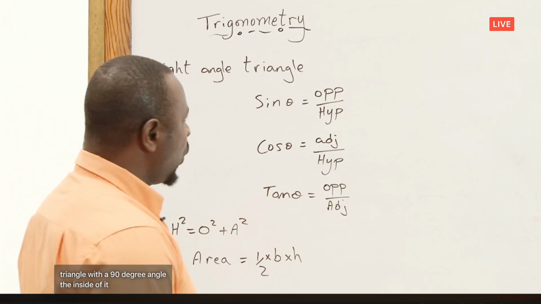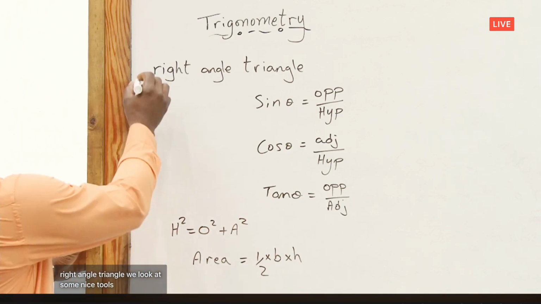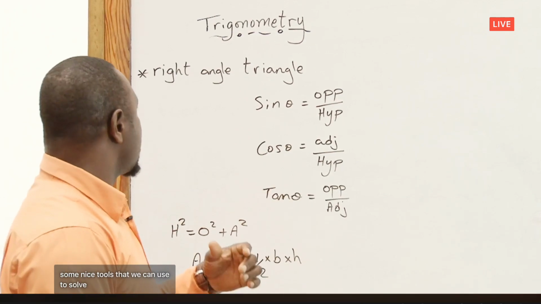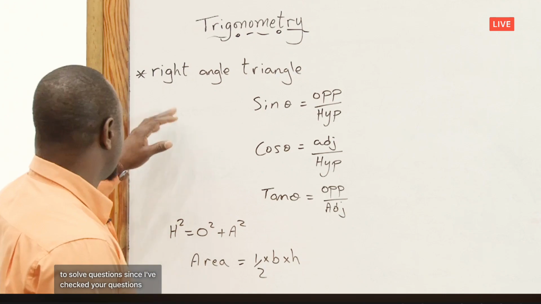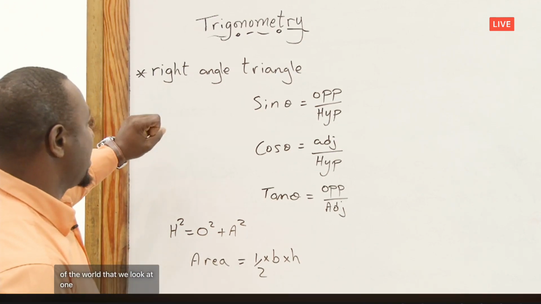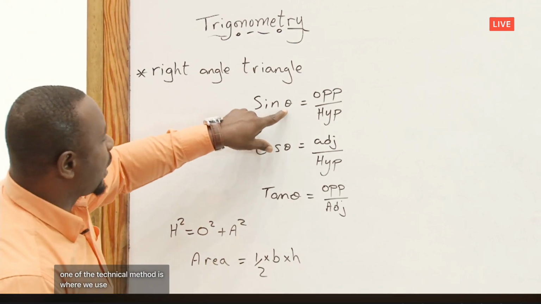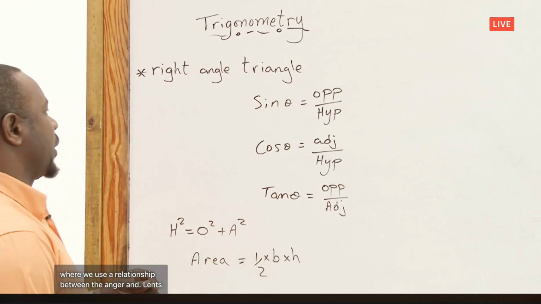And with this right angle triangle, we looked at some nice tools that we can use to solve trigonometry questions. One of the techniques or methods is where we use a relationship between the angle and specific lengths on the triangle.